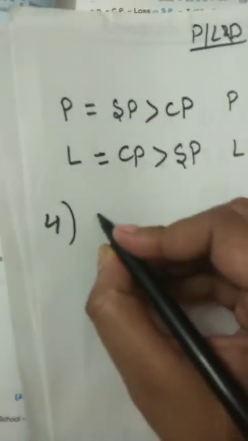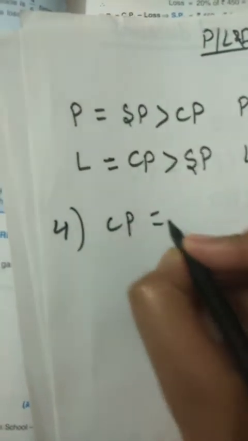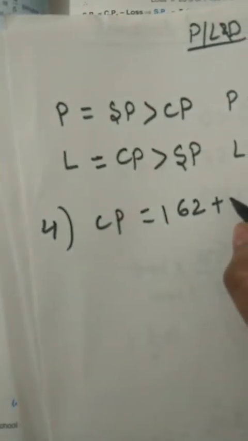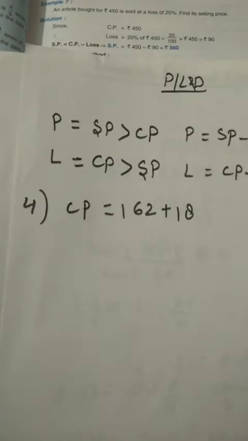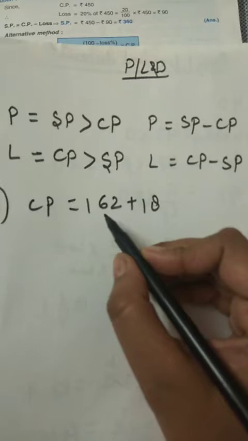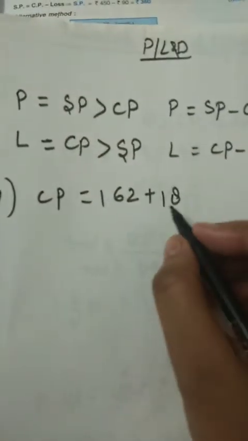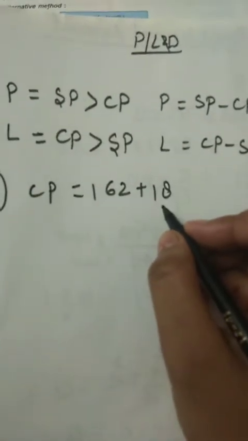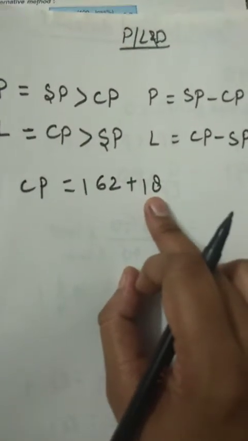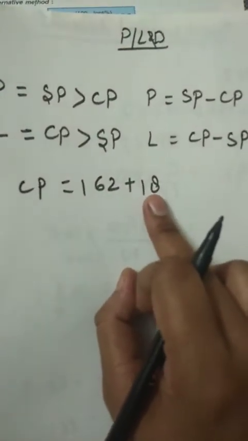Now students, here you can see the cost price will be equal to 162 plus 18, because he gave the person rupees 162, but again he spent rupees 18 for repairing the cycle, which will be termed as overhead charges, which will be added in cost price only.